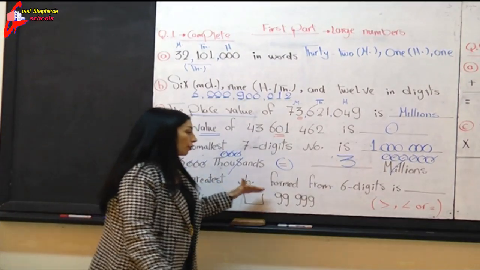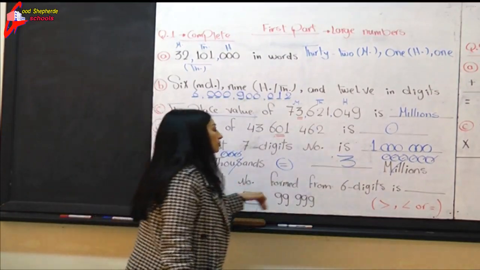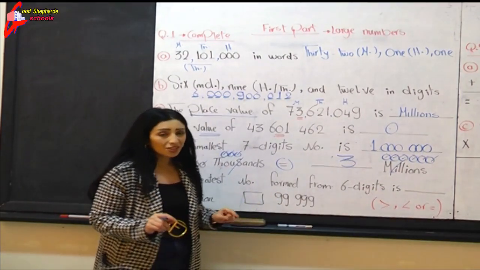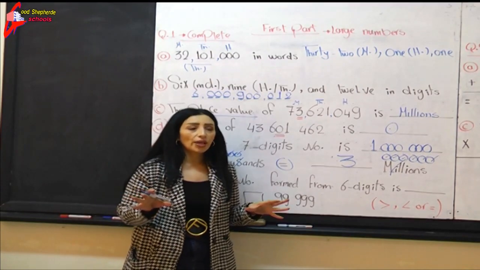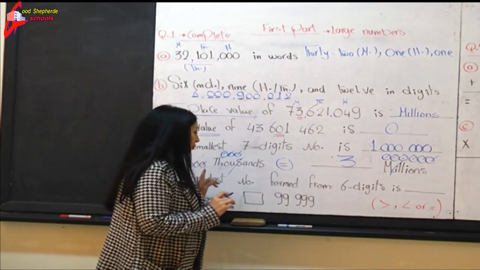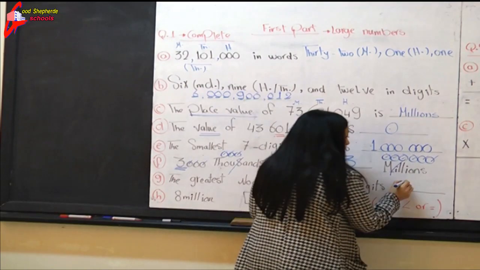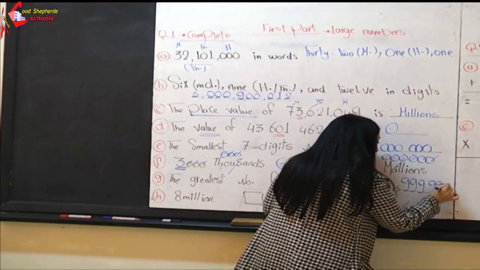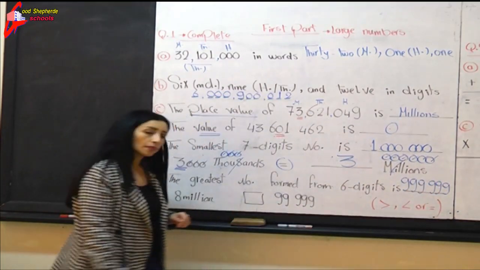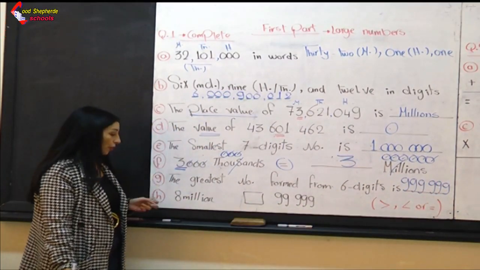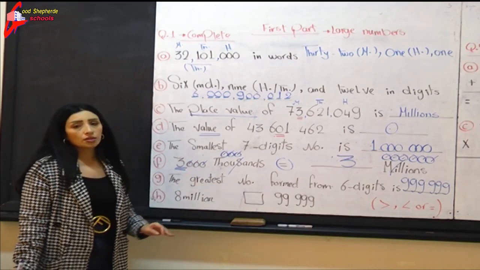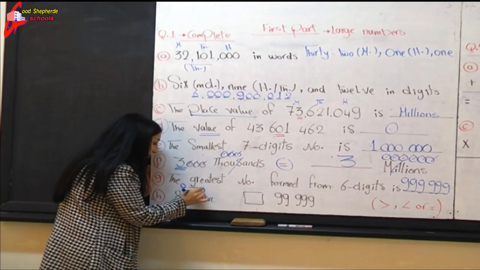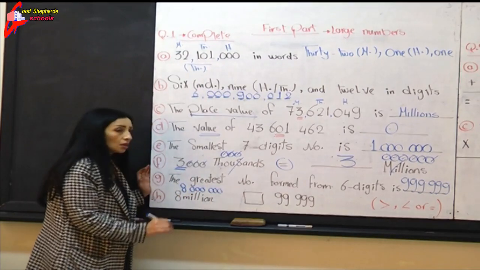The greatest number format, letter G. The greatest number from 6 digits is, greatest means which greatest digit we have, 9. Repeat the digit 9 6 times. 9, 9, 9. Letter H. Compare between 8 million and this number. 8 million means 8 and has 6 zeros.